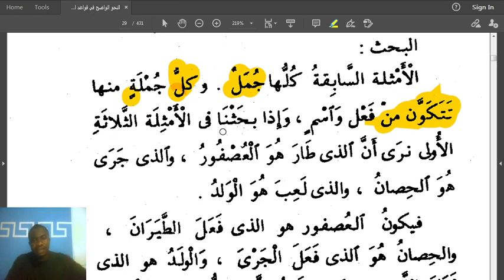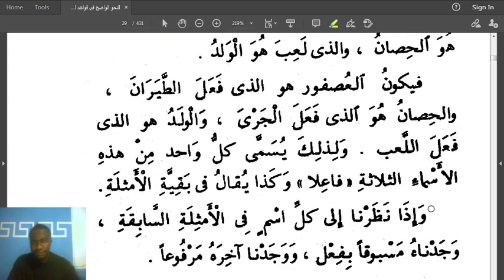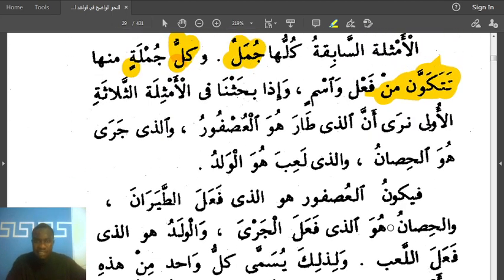وإذا بحثنا في الأمثلة الثلاثة الأولى, and if we search in the first three examples. Now the first three examples, this is what it means: this 1, 2, 3. If we search in the first three examples, نرى أن الذي طار هو العصفور, we see that the one who flew is the bird.